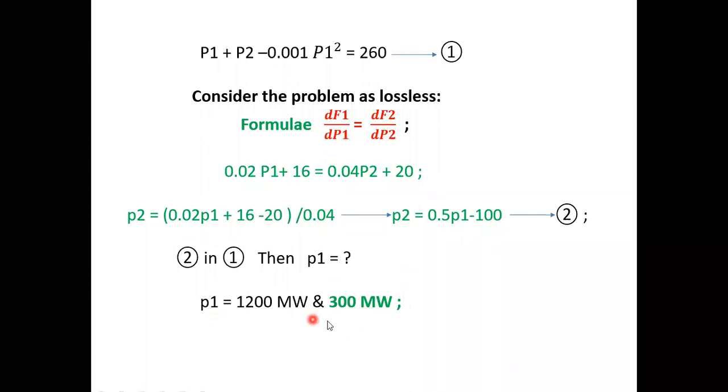So once you get P1 equal to 300 megawatts, can you get the P2 value? Yes. So tell me the P2 value quickly. Substitute P1 equal to 300 in the second equation. Then you will get the P2 value.